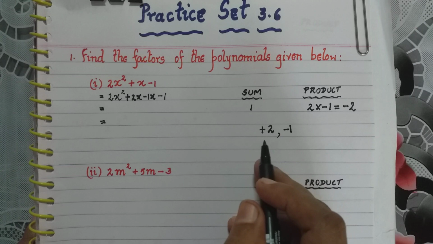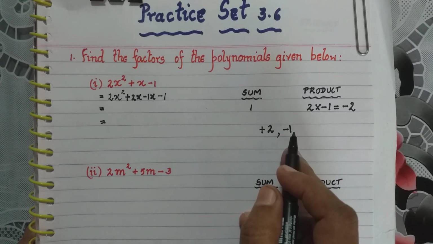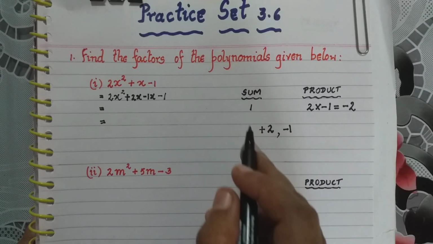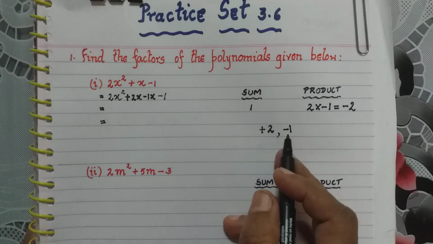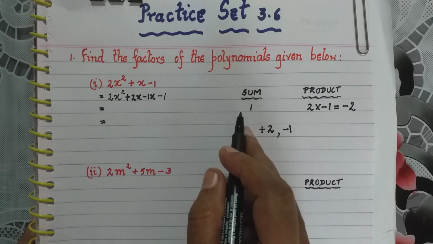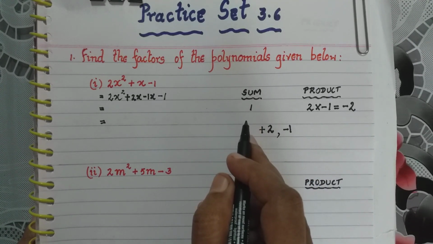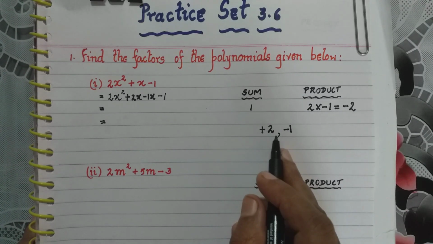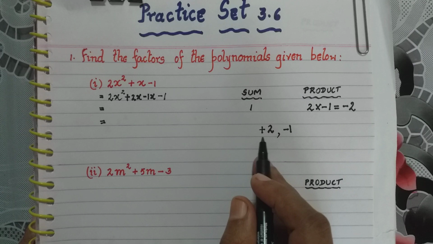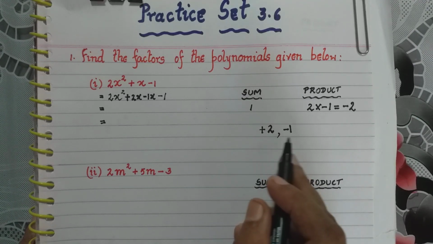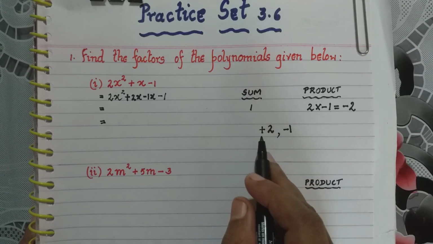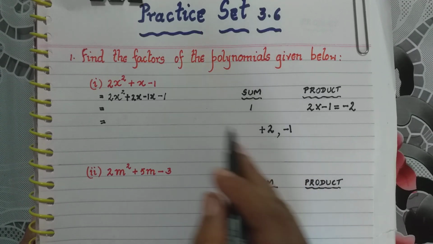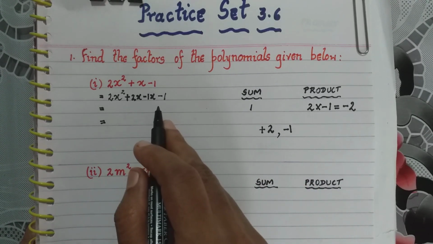But the sum was telling me which of the terms should be plus and which should be minus, because the sum was plus 1. So the bigger term should have the plus sign. Among 2 and 1, 2 was bigger than 1, so 2 is plus, 1 is minus. So plus 2 minus 1. So that became plus 2x minus 1x.